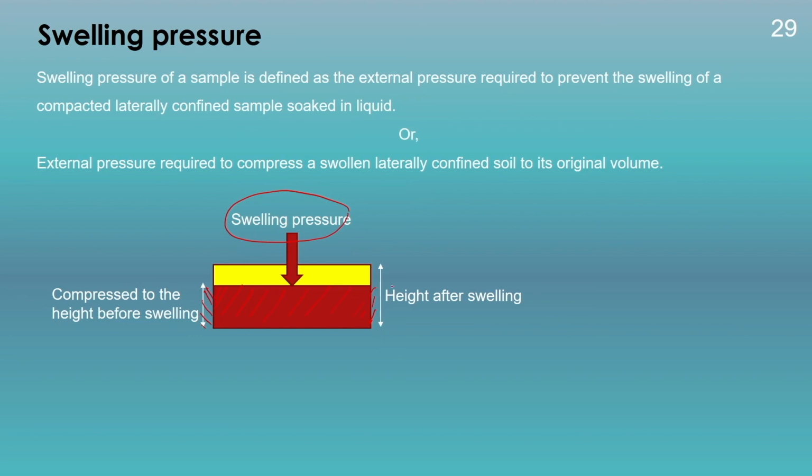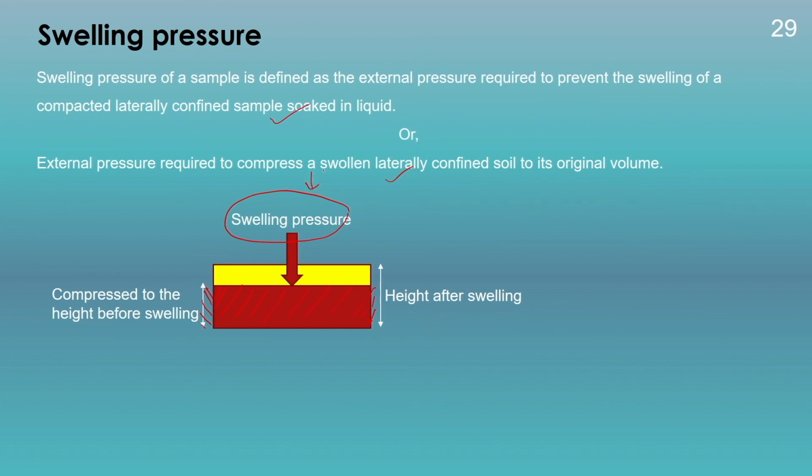So by definition, the swelling pressure of a sample is defined as the external pressure required to prevent the swelling of a compacted laterally confined sample after soaking in liquid. It can also be defined as the external pressure required to compress a swollen laterally confined soil to its original volume.